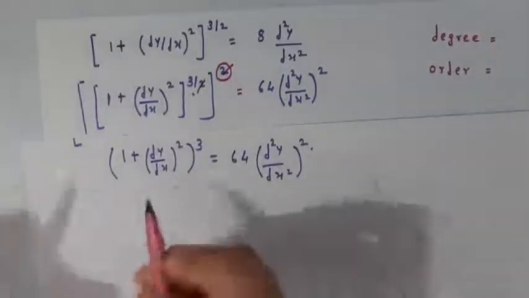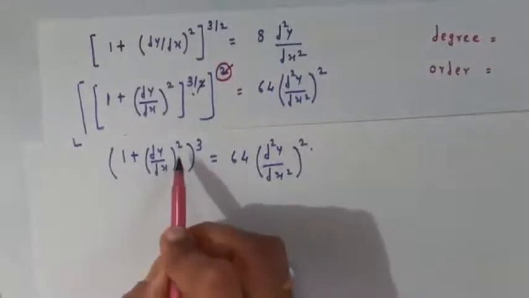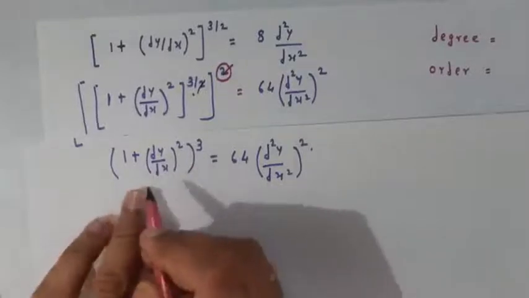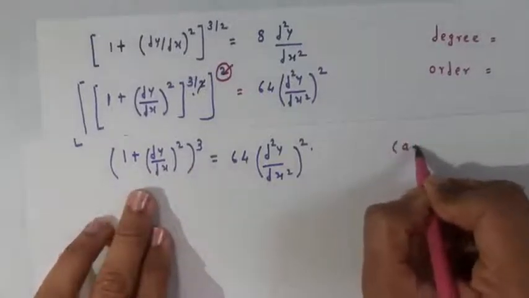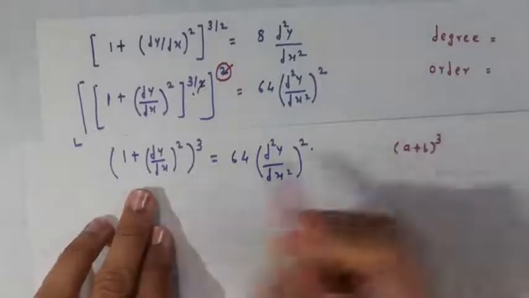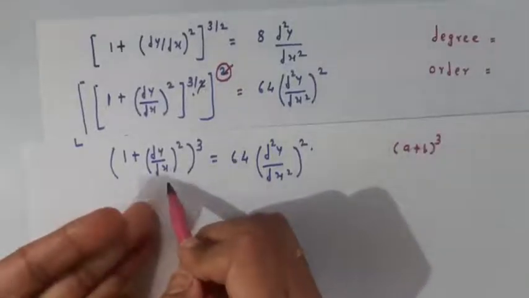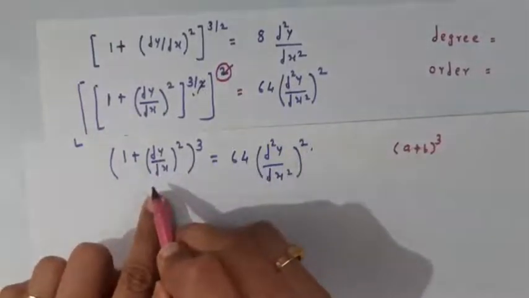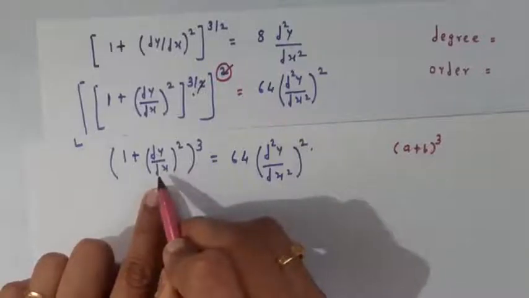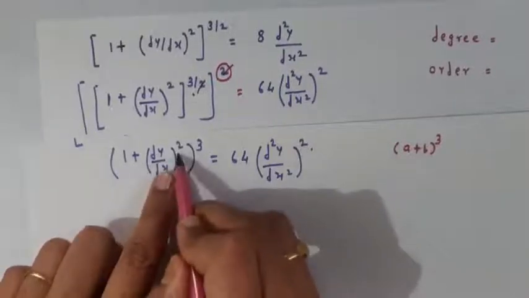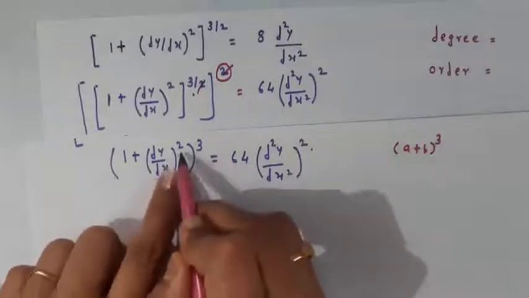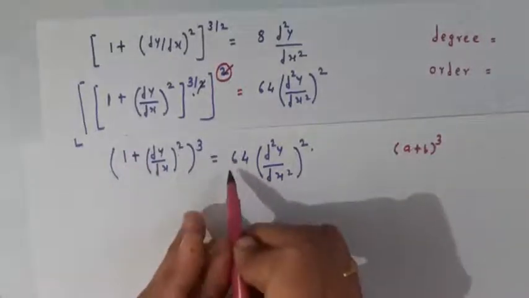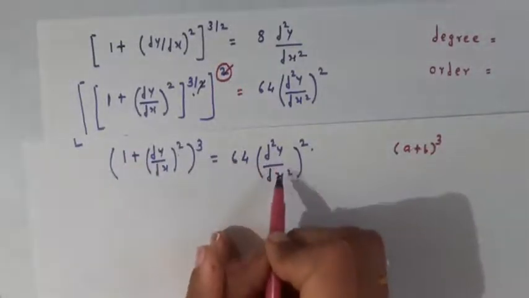Some students will expand this (a + b) cube using the formula, but it is not necessary, because if we observe this differential equation, it is 1 + (dy/dx)^2 raised to 3 equal to 64 (d2y/dx square) squared.